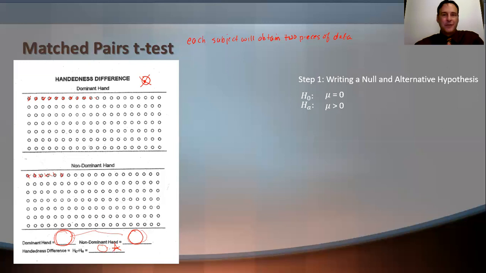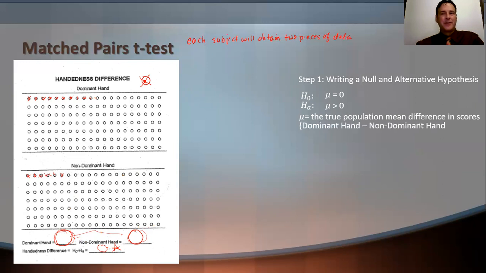And then what do we do from here? We have to write a definition for mu. Mu is not the dominant or the non-dominant representation score. It's the average difference between the scores of the respective participants or subjects. So I'll write that mu is the true population mean difference in scores.